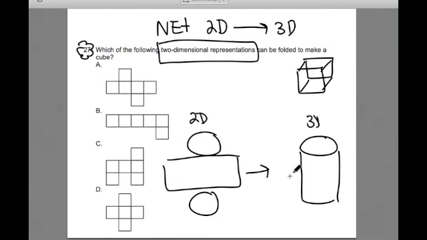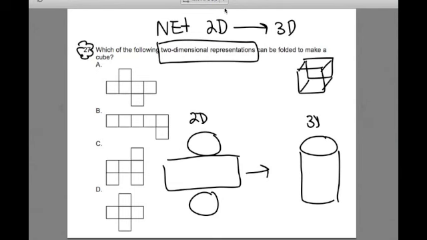The 2D version could help me find the surface area of the cylinder. There are all sorts of applications you would do to find the formula for the surface area of a cylinder. But where we start working with students on surface area is by introducing nets as an option to figure out surface area.